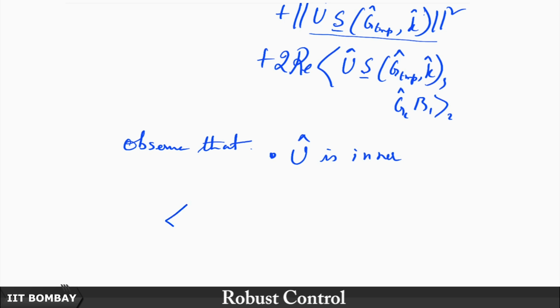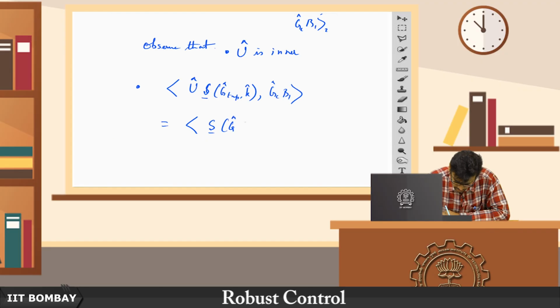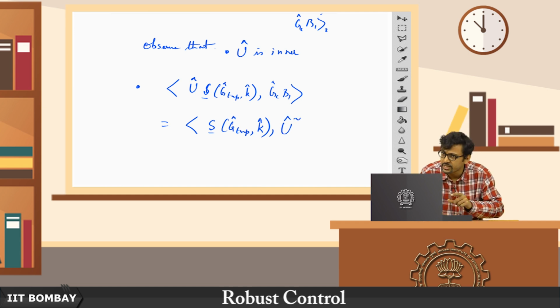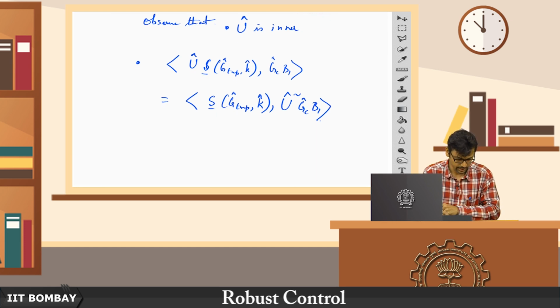So, in other words, the second observation is that the inner product of U hat S bar G hat TMP K hat comma GC hat B1 is the same as the inner product of S bar G hat TMP K hat comma, and this now stands in as the adjoint operator in inner product spaces, which is the para-Hermitian conjugate of this U, GC hat B1. All right.